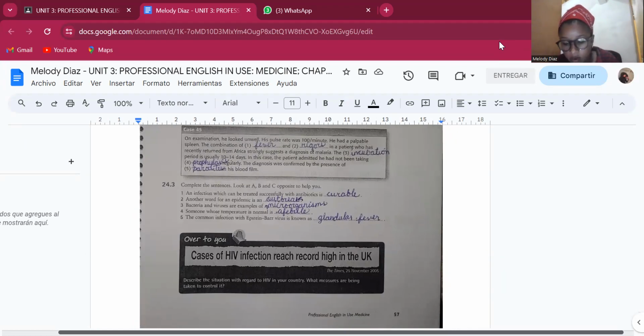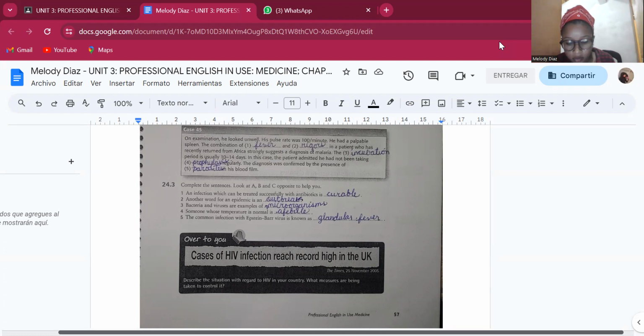Complete the sentences. Look at A, B, and C opposite to help you. Number 1, an infection which can be treated successfully with antibiotics is curable. Number 2, another word for an epidemic is an outbreak. Number 3, bacteria and viruses are examples of microorganisms.